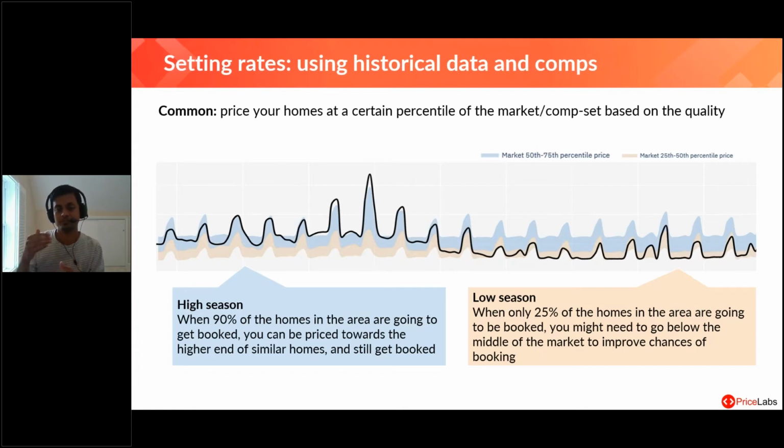And of course, you should still very much consider the lowest rate that is profitable for you and makes sense for the owner.